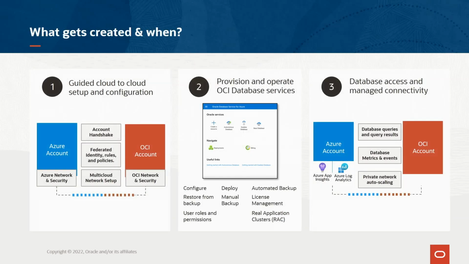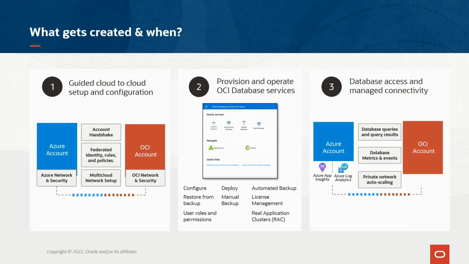So when it comes to what sort of stuff gets created, it is also important to think a little bit about what ODSA actually does. There are these three times we need to think about in the life of ODSA. There is the very first setup, when the initial stuff gets created, the initial handshake is done, all of the account setup.